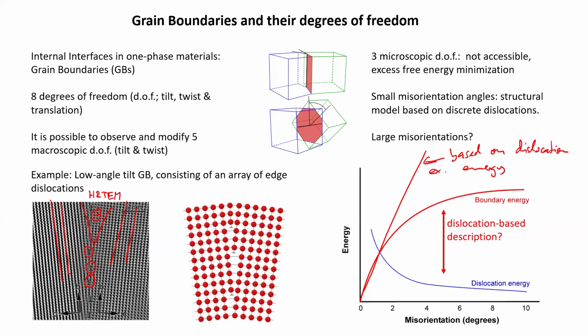And then the Read-Shockley equation tells you how to calculate this. But you will see that when you do the calculation according to this model, you get a deviation from linearity, and you would get less and less dislocation energy because of more and more overlap of the cores. So this must not be a good description for high misorientation angles.